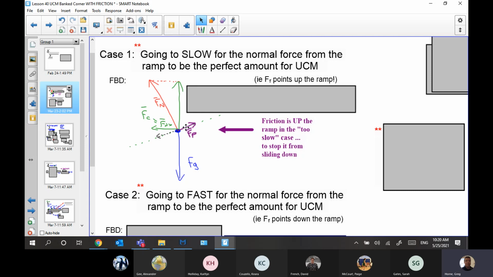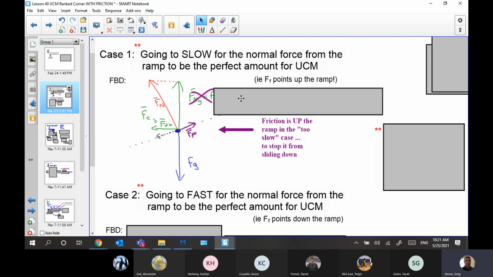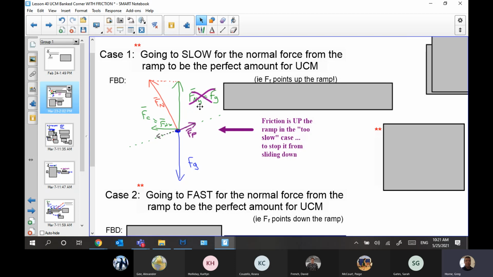Now, the way this diagram is drawn isn't actually quite right, because I'm going to show you here that the normal force y component won't actually be equal to gravity anymore. It used to be. That was our driving idea in the original case. So this is actually just a copy of the diagram from the no friction case, right?